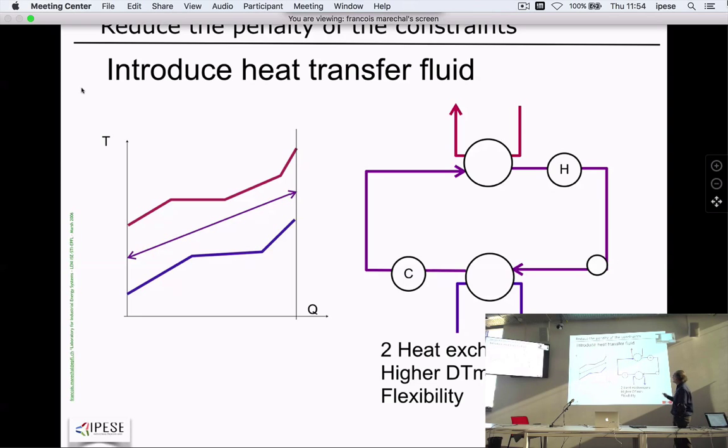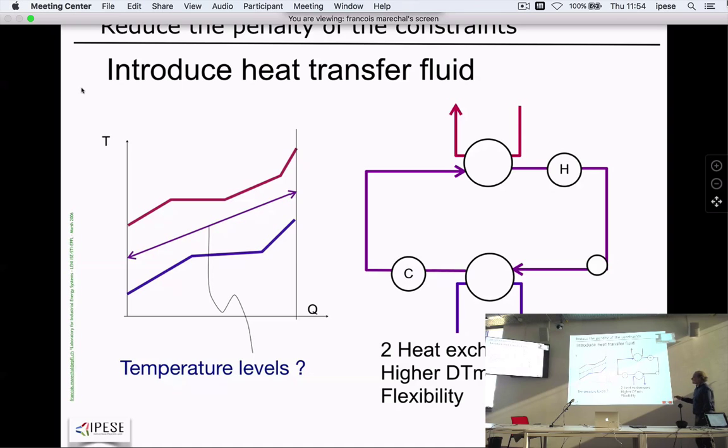If this one is not available, then perhaps I will be able to compensate by this one. So my system will be more flexible. If I know the temperature conditions of this intermediate fluid, then I will be able to calculate how to mitigate the penalty.